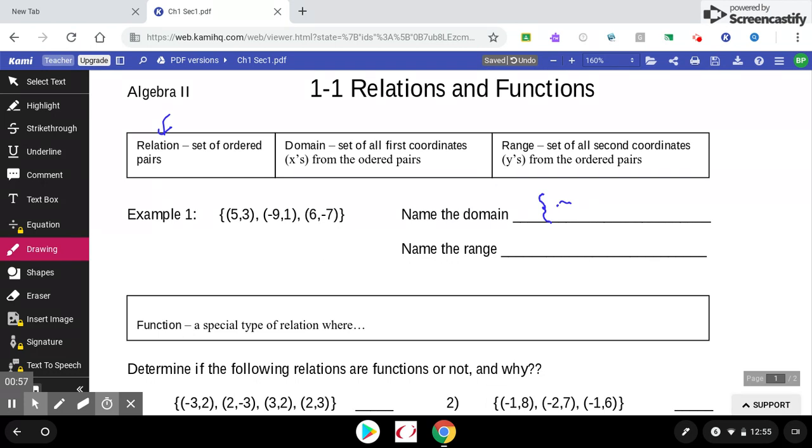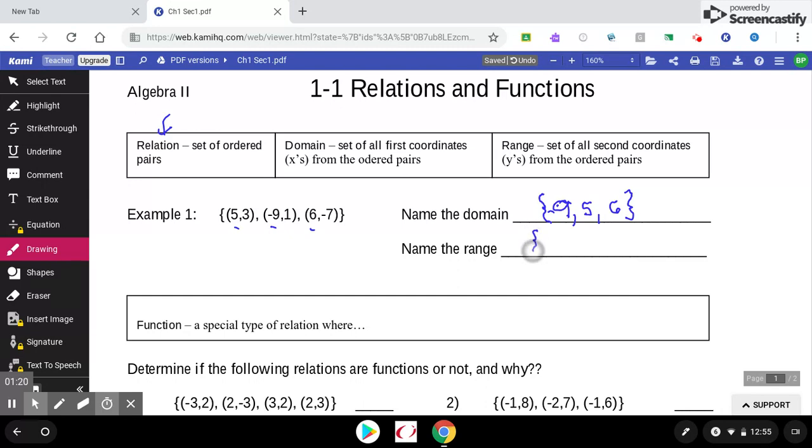It would be nice if you would put them in numerical order, but it's not that big a deal. It's just a list of numbers. So the -9 would be the first number, and then the 5, and then the 6. As far as, say, a multiple choice exam, that's the order they would appear because that's the official order it's supposed to be.